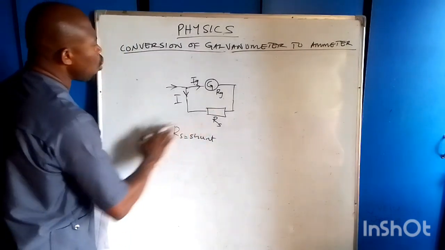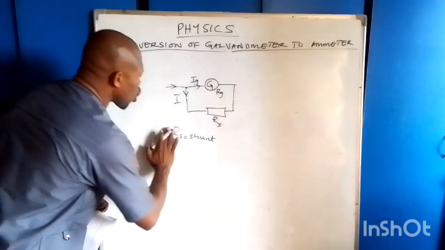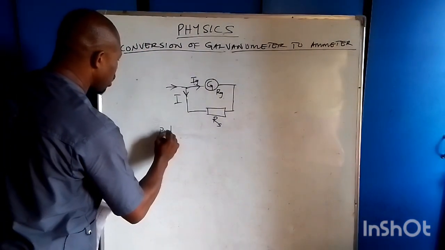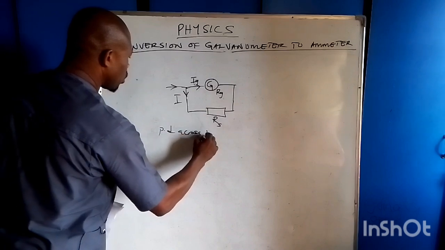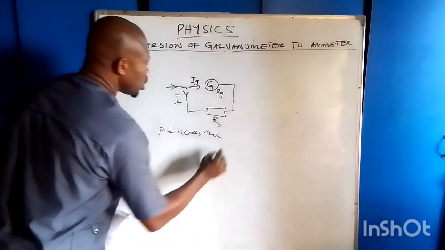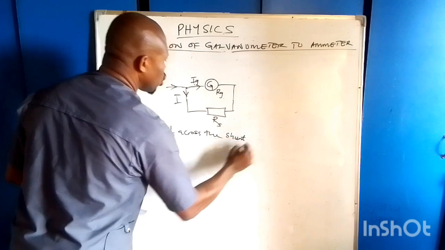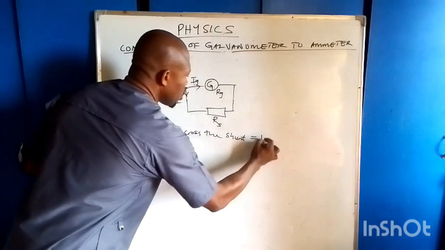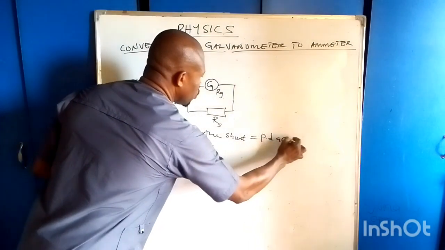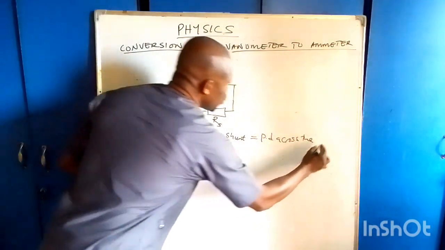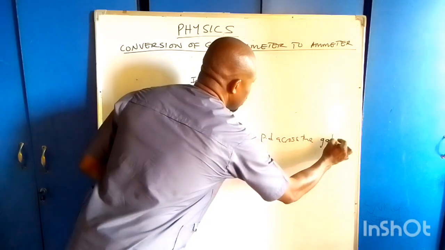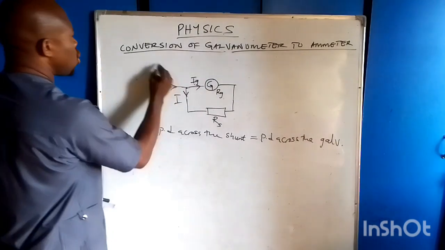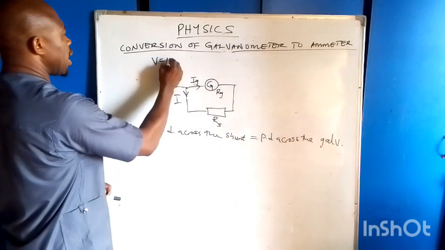Okay, now we have that from Ohm's law, the PD across this shunt is equal to the PD across the galvanometer. Now from Ohm's law, remember Ohm's law says V is IR.